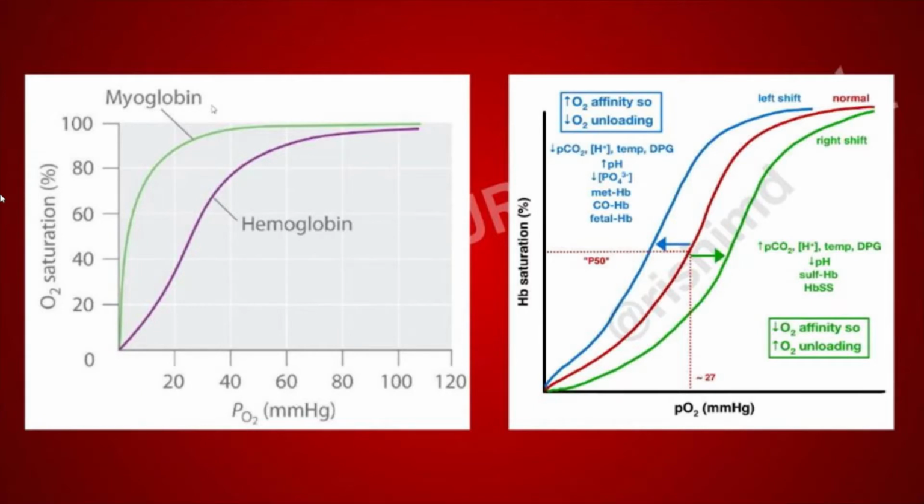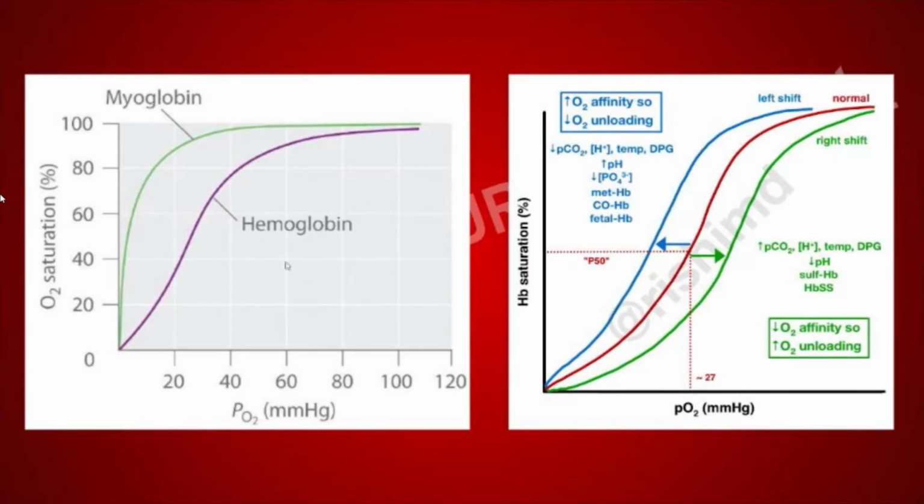Now one more important thing, this myoglobin takes up oxygen at a very low pressure as compared to the hemoglobin, right? So that's why it is found in the skeletal muscles specialized for sustained contraction, where the partial pressure of the O2 is close to 0.